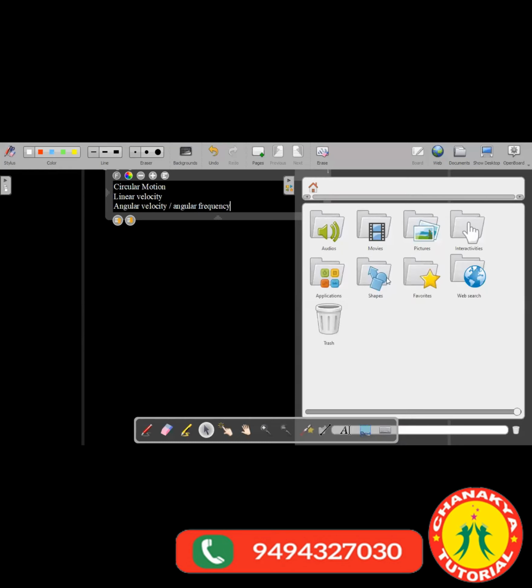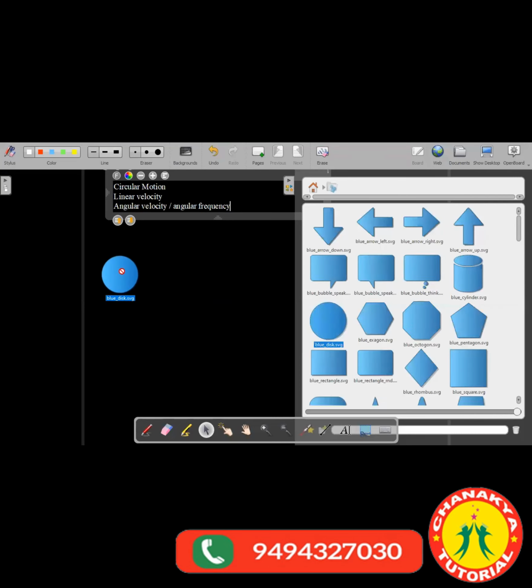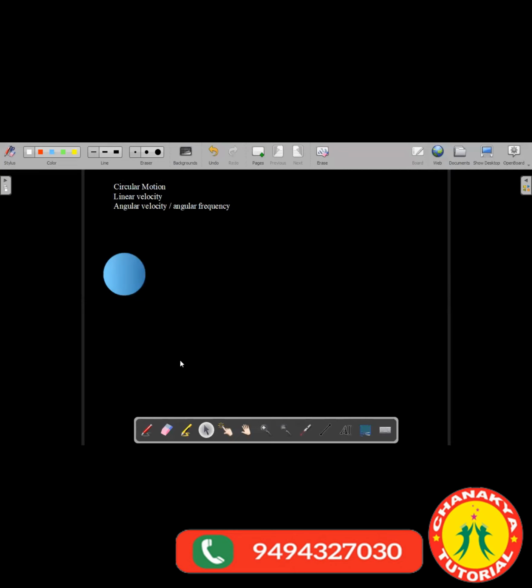Okay, sir. So consider any circular object moving. Let's say you have an object moving in a circle. Suppose this is the object, and it revolves in the circle, and along with it, it's traveling on this straight path.